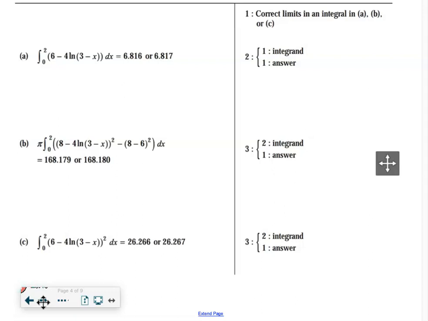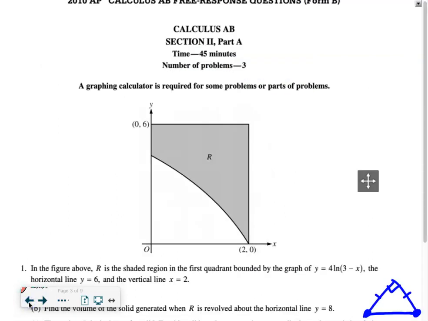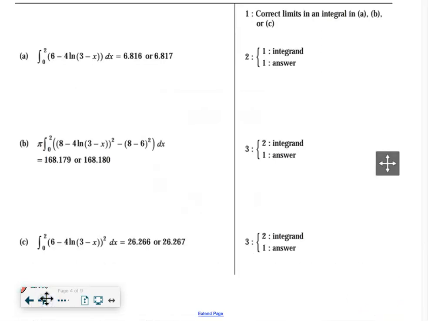Part B. Find the volume of the solid generated when we revolve about y equals 8. What method do you have to use? Washer. So it would be big R, 8 minus the log function, squared, and then little r would be 8 minus 6, squared. So you end up with pi, don't forget the pi, integral from 0 to 2 of (8 minus log)² minus (8 minus 6)², which gives 168.179. Good.